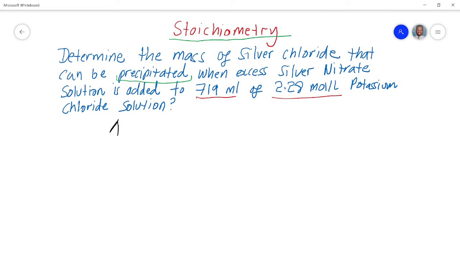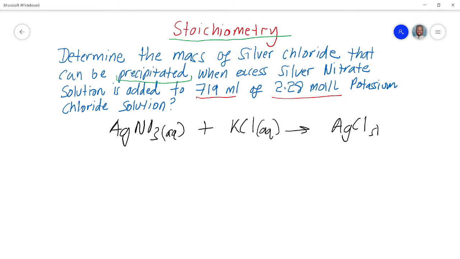Silver nitrate, AgNO3, that's aqueous because you know very well all nitrates are soluble, reacting with potassium chloride, KCl, that's aqueous, and you're going to get silver chloride, that's a solid because that's precipitated, and potassium nitrate, which is aqueous.